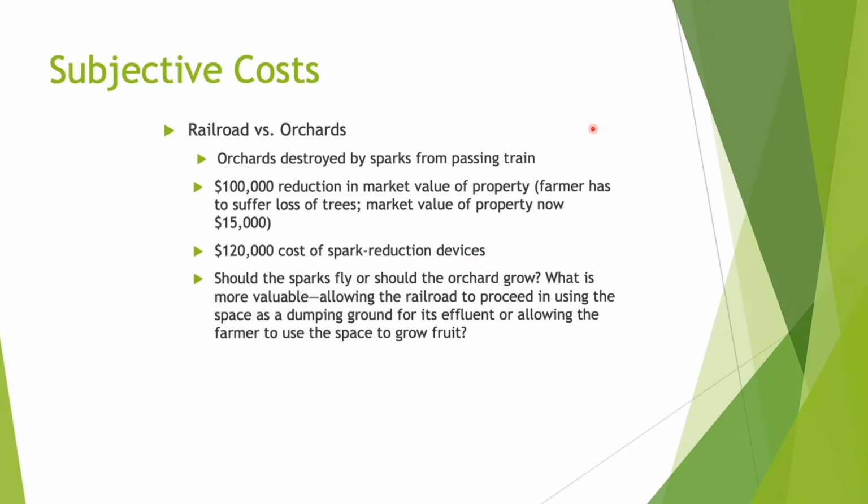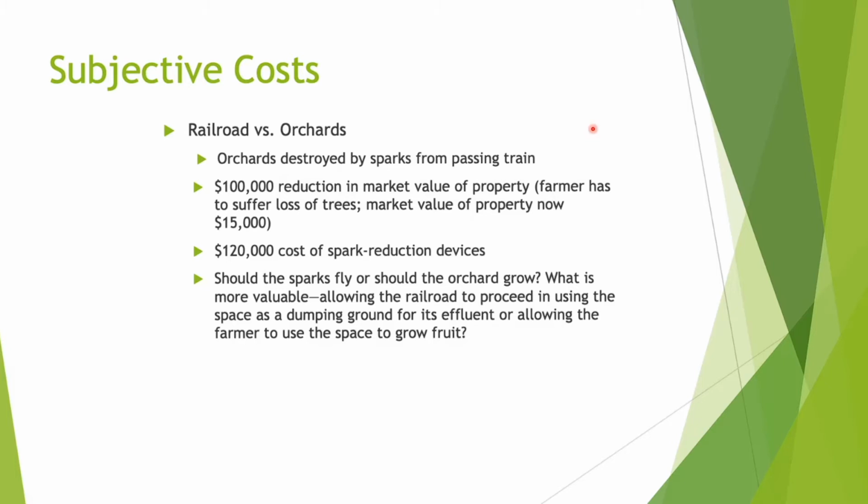So the question then is, should the sparks fly or should the orchard grow? What's more valuable, allowing the railroad to go ahead and not use the spark reduction device and save $120,000, or is it more valuable to allow the farmer to continue to grow the orchard and not lose that $100,000 loss of the value of the property?